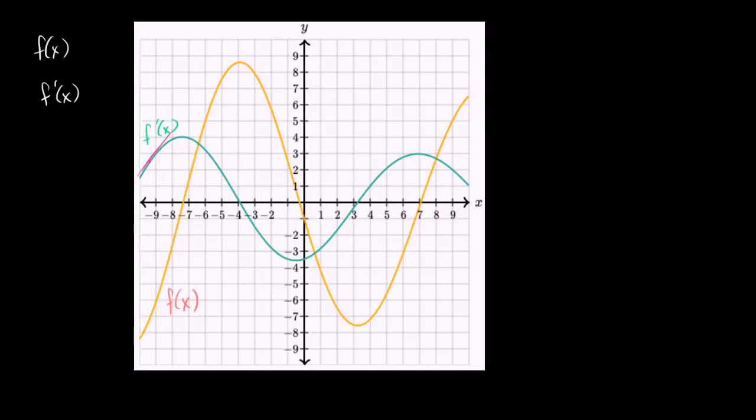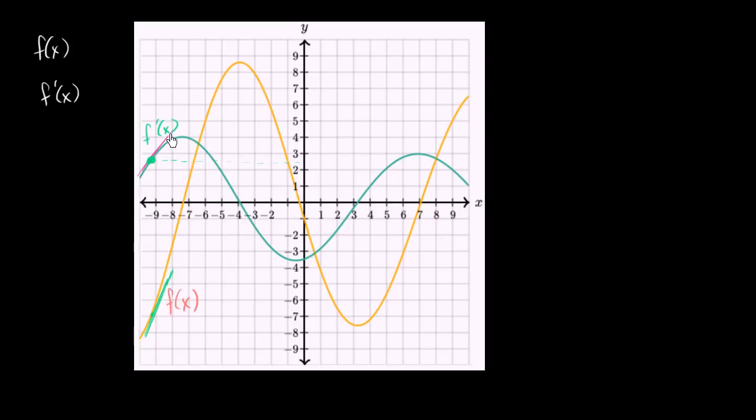When we start off at the left, f of x, or what we think is f of x, has a reasonably positive slope. Is that consistent? Well, yeah, sure. Our green function is positive. In fact, at that point, it's telling us that the slope of the tangent line is around 2.5. And it actually does look like the slope of the tangent line is exactly 2.5 of this function right here.